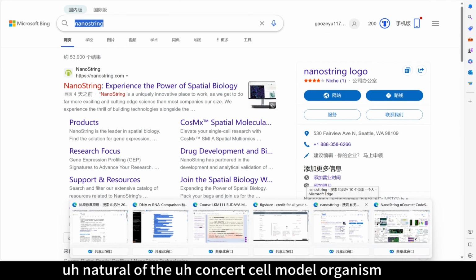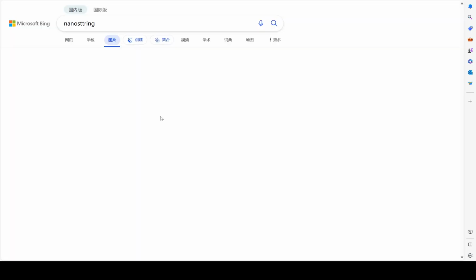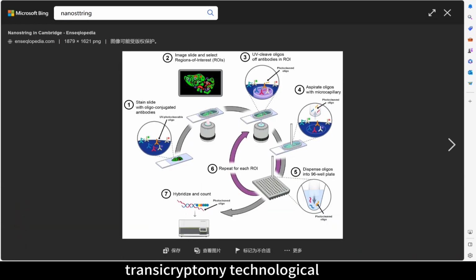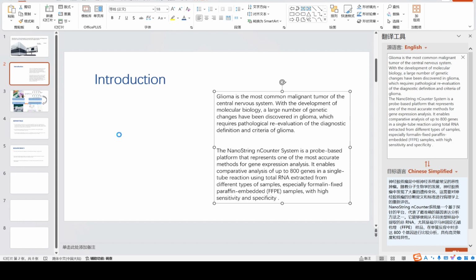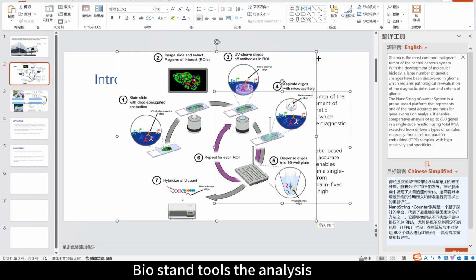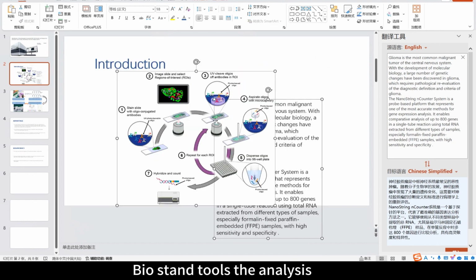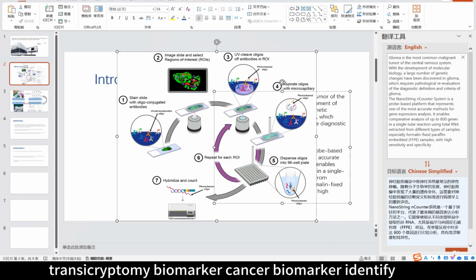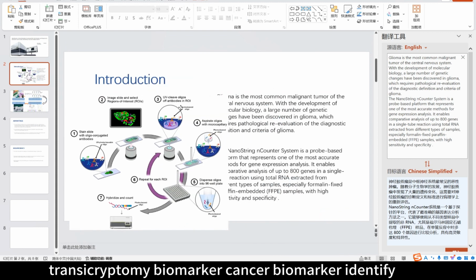This model organism, target molecules. Transcriptomic technologies are biomarker discovery tools. The analysis of the transcriptome identifies cancer biomarkers.